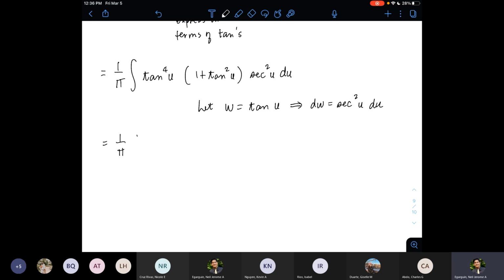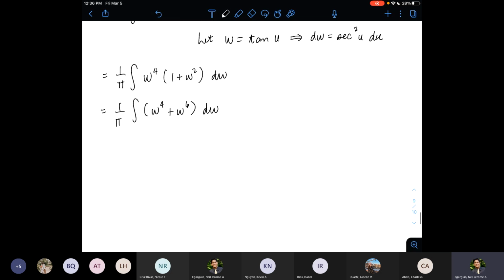So this would be 1 over pi w to the fourth times 1 plus w squared dw, which is now a polynomial, which is easy to integrate. This is simply w to the fourth plus w to the sixth dw, and this is 1 over pi times w to the fifth over 5 plus w to the seventh over 7 plus the arbitrary constant c.